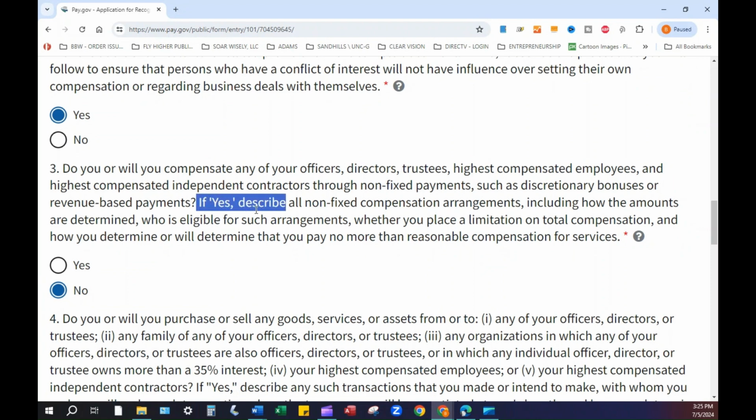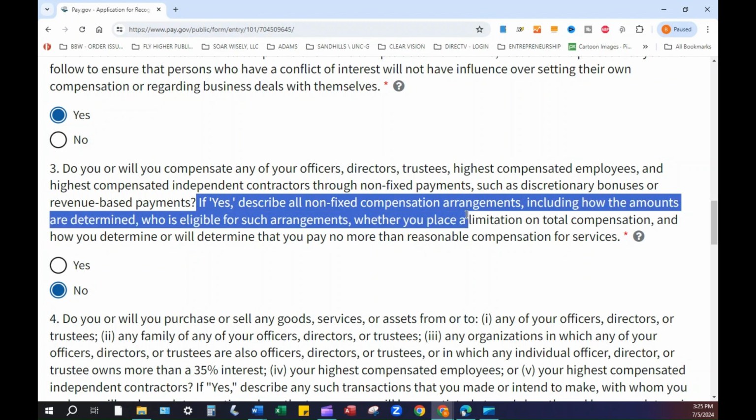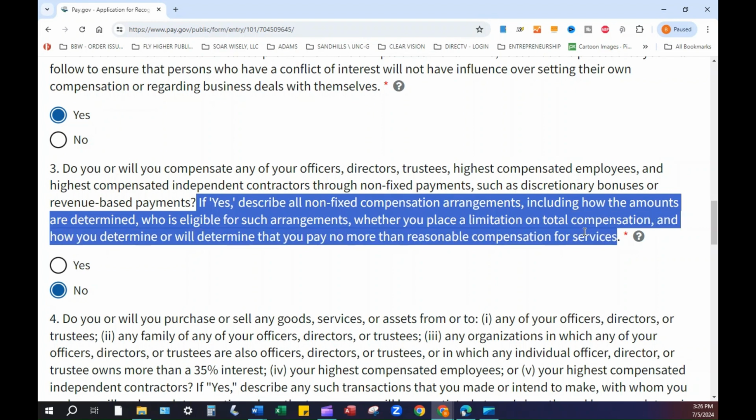It says, if yes, describe all non-fixed compensation arrangements, including how the amounts are determined, who is eligible for such arrangements, whether you place a limitation on total compensation, and how you determine or will determine that you pay no more than reasonable compensation for services.